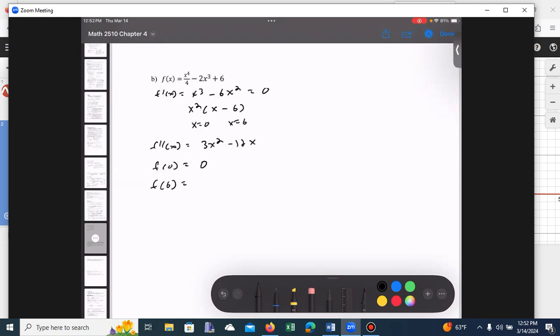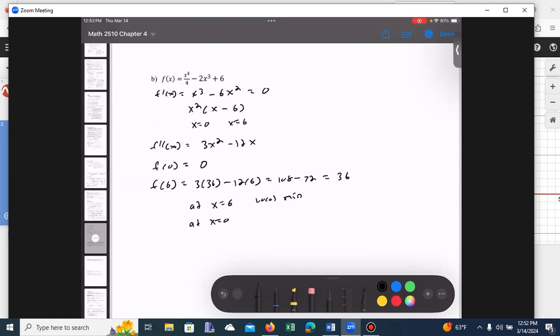F double prime of 6 gives us 36 times 3 minus 12 times 6. So 108 minus 72, that's 36, which is positive. Okay. So at x equals 6, we have a local min.